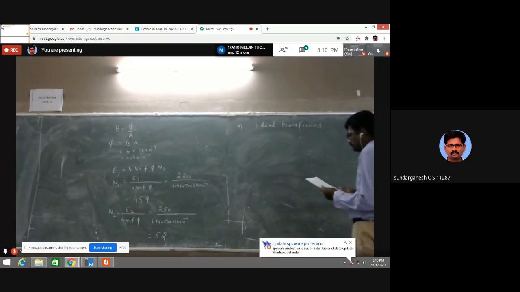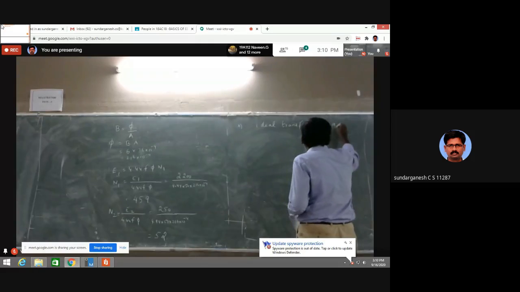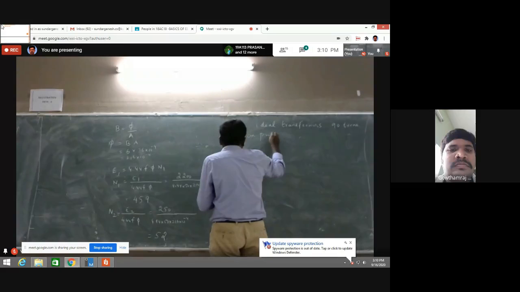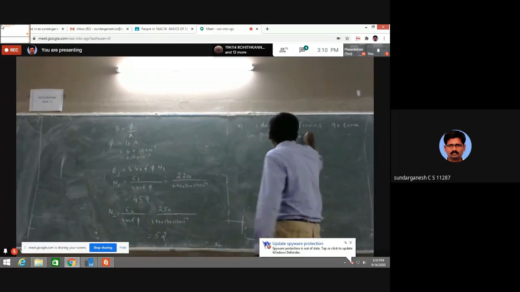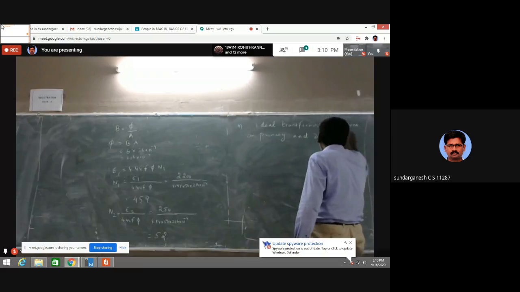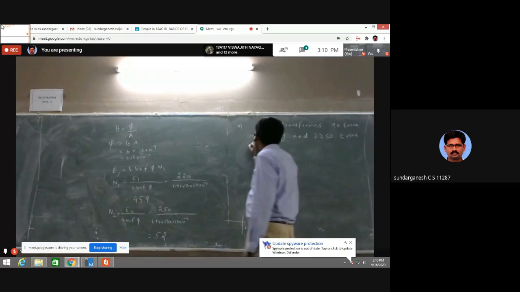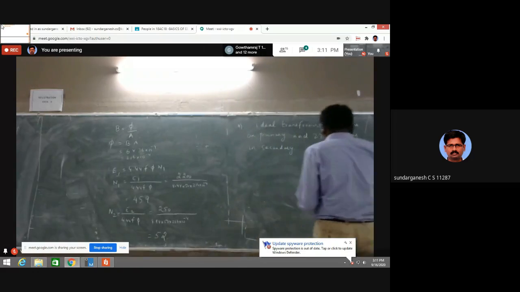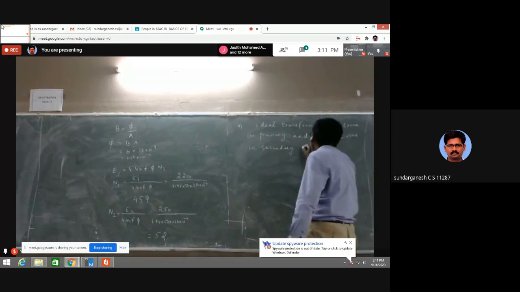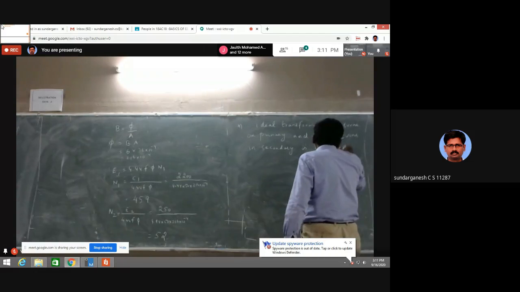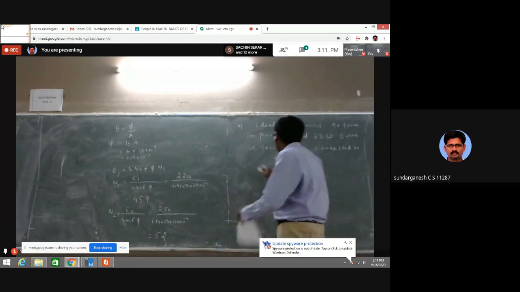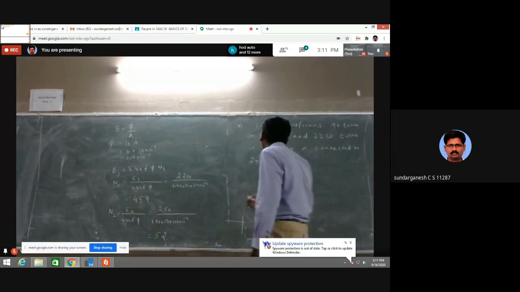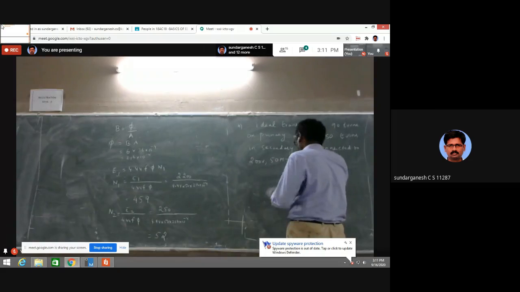The ideal transformer has 90 turns in the primary and 2250 turns in the secondary. It is connected to a 200 volt, 50 hertz supply. They have given the primary voltage and the frequency.